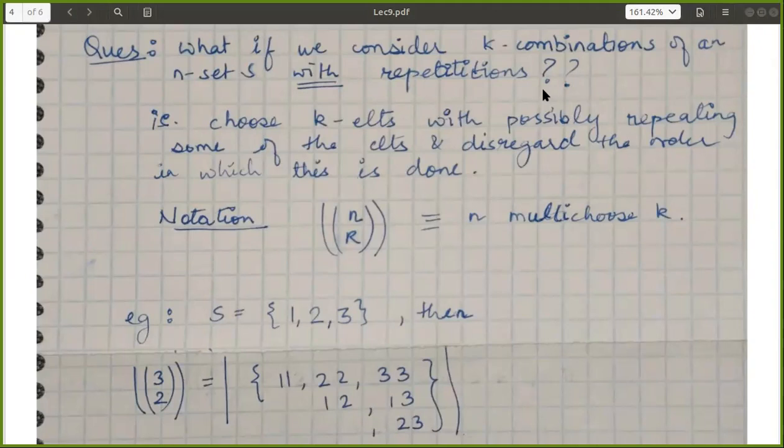Yeah, Saham, the answer is right. Can you list out the elements?